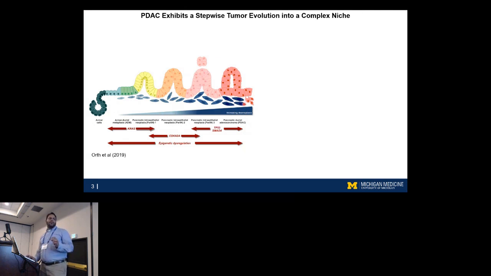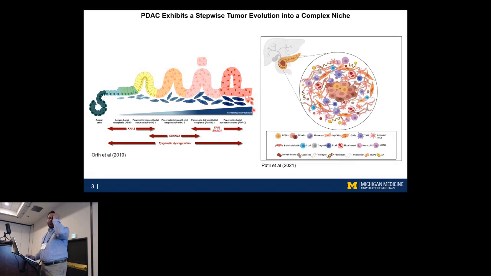This usually happens when there is a surrounding stroma. So it's not only the tumor cells themselves; there are surrounding non-tumor cells that have either an anti- or pro-tumorigenic effect. Again, this is another hallmark of pancreatic cancer. It's not only the cancer cells that play a role, there are other cell types that play a role in the tumor.